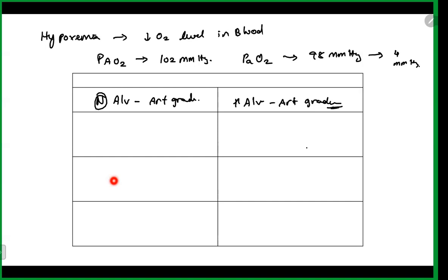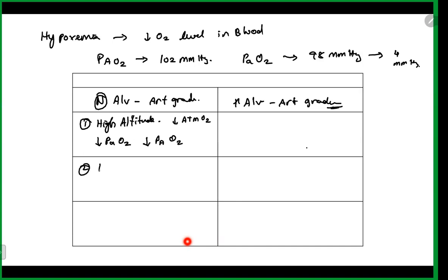In which condition will they be equal? For example, at high altitude, what happens is the atmospheric oxygen level is reduced. Because of that, there is an equal reduction in the partial pressure of oxygen in your artery and an equal reduction in the partial pressure of alveolar oxygen. So there is a decrease in the atmospheric oxygen level.